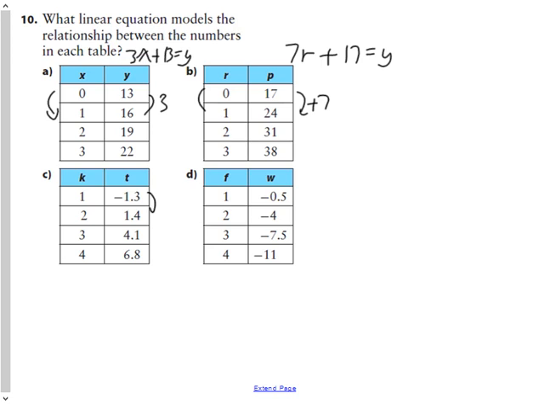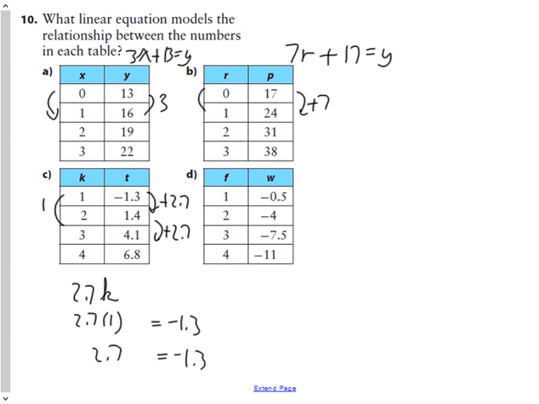For here, oh, this one's a little bit tricky. Goes up by 2.7, up by 2.7, goes up by 1. So 2.7k, substitute my 1 in here, to equal negative 1.3. 2.7 does not equal negative 1.3, but if I subtract 4, I will get my t value.